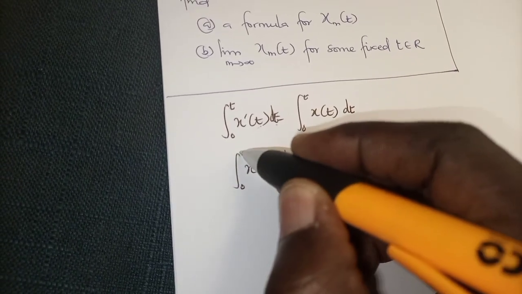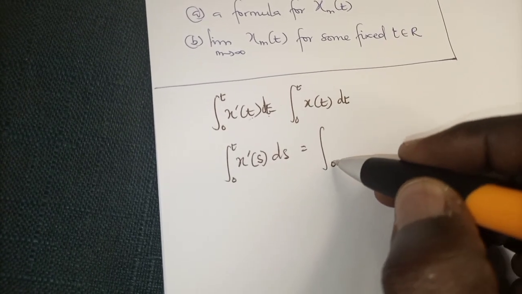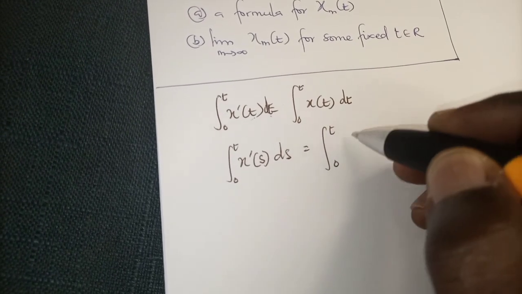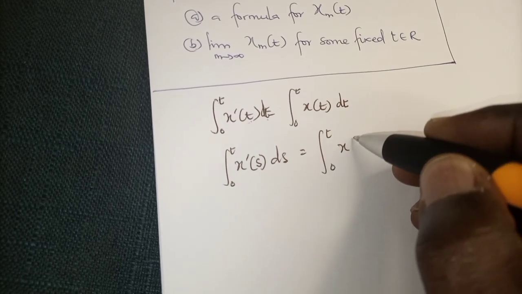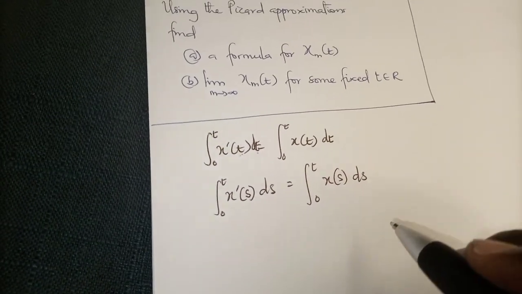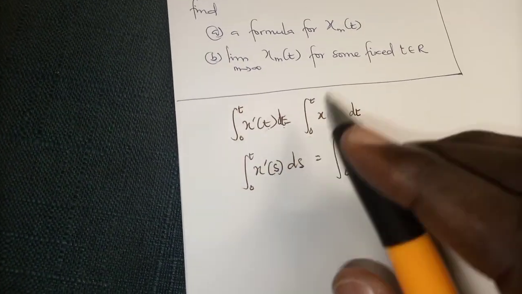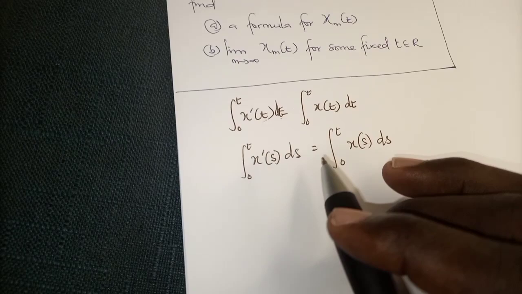So the integral from 0 to t of x prime of s ds equals the integral from 0 to t of x of s ds. Note that they are just the same, it's just the variable that is changing.